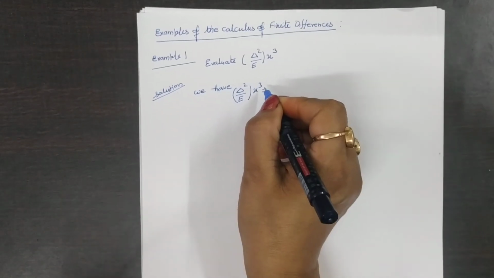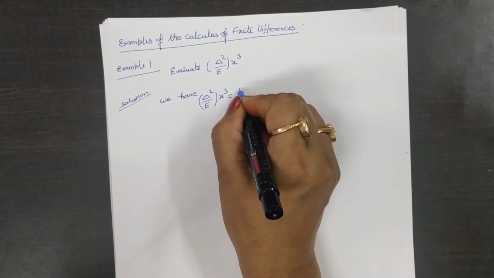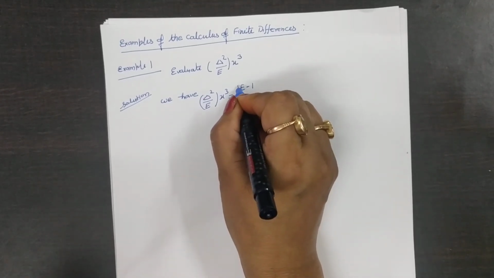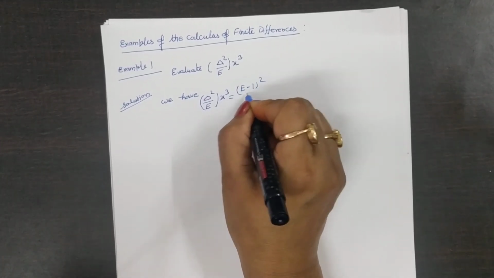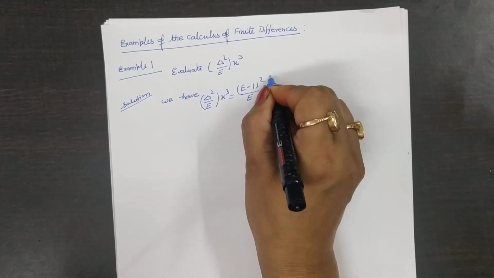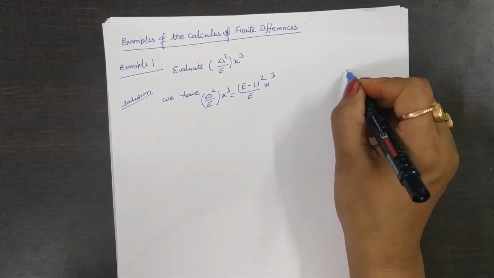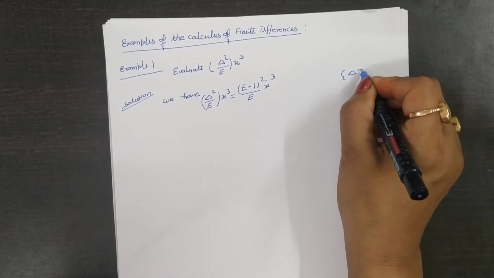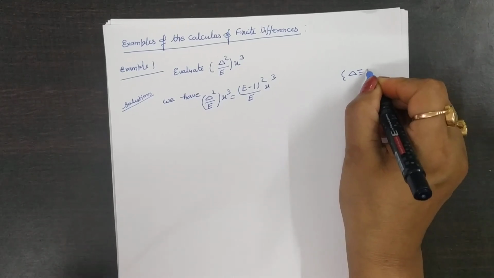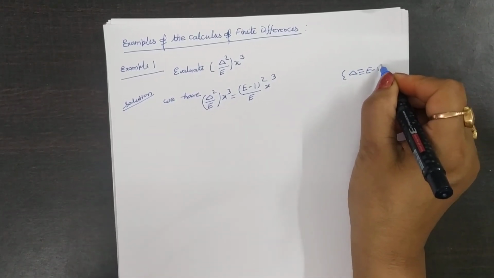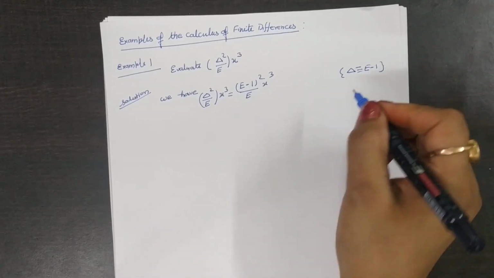This is defined as (E minus 1) whole square divided by E operating on x cube. As we know, delta is equivalent to E minus 1, which you have proved earlier in my lecture.